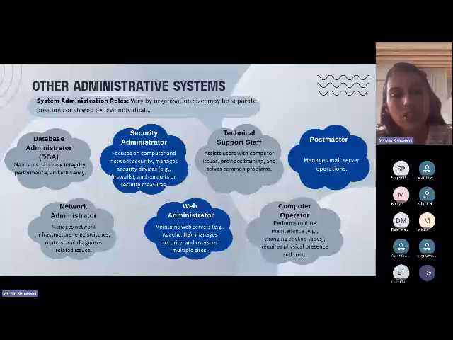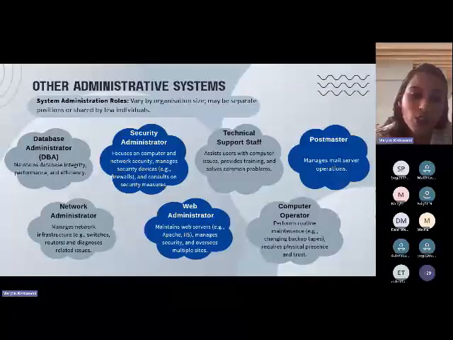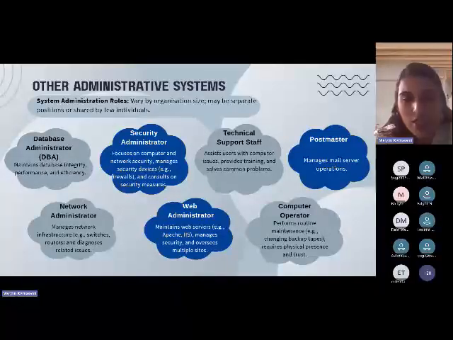The security administrator focuses on computer and network security, okay? So they specialize in that. They are responsible for ensuring that the security devices have, for example, firewalls, for malicious malware, etc. And they also consult on general security measures to protect against any form of cyber threats. And that's quite a big thing in organizations, whether you're a small organization or a big organization, it's a very real issue that organizations do face.